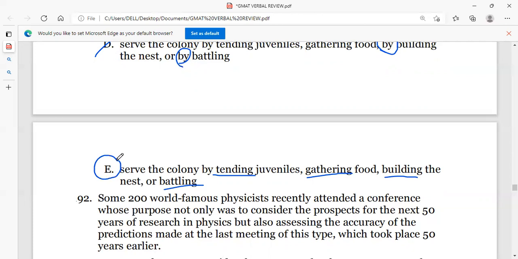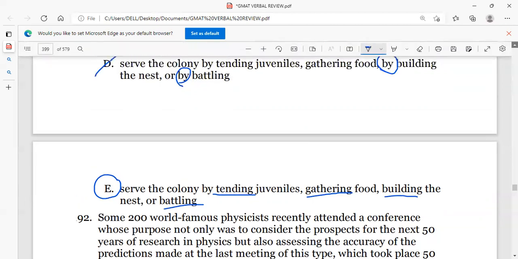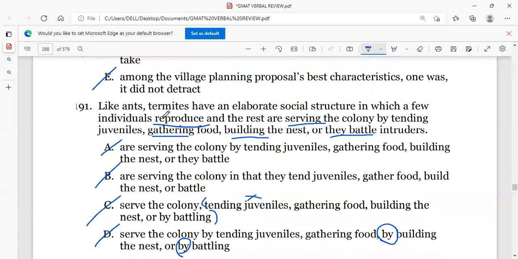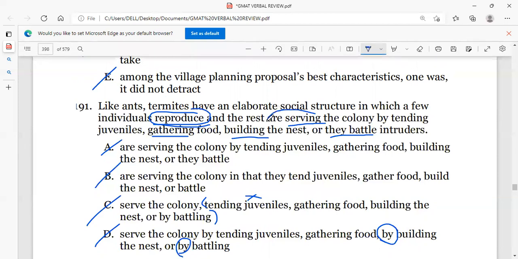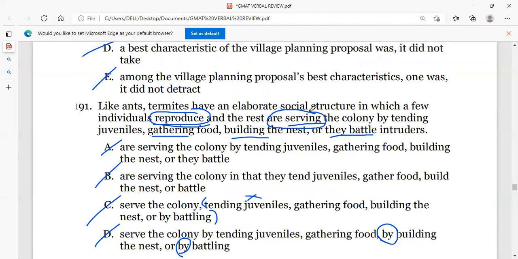So the first concept that we applied was simple present and present continuous. You can make a note of this concept. If you see reproduce, simple present, here also it is supposed to be simple present, not present continuous. And what is the simple present for this? That is serve. So we are eliminating a couple of options on the basis of that.